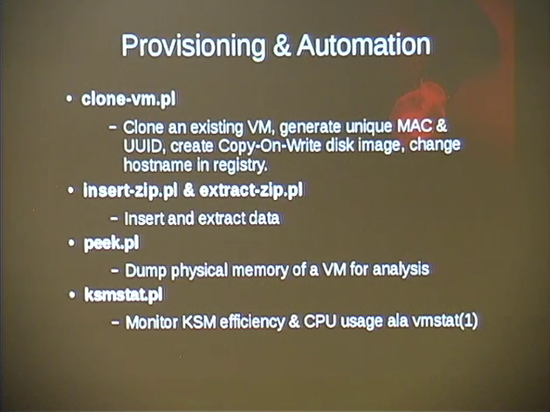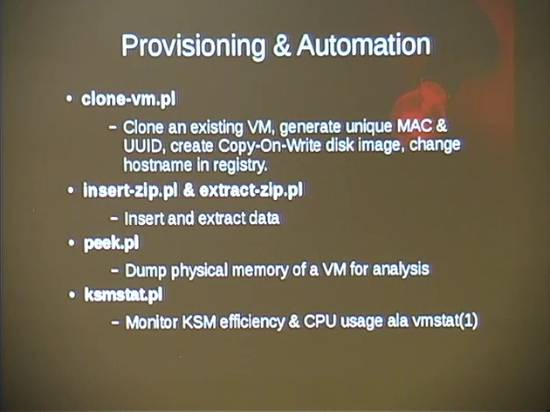So getting all this running, I wrote some Perl scripts that talk to libguestfs and libvirt. I've got clonevm.pl. That's what takes that XML config, downloads it, tweaks it, puts the new config on the system, creates the copy-on-write disk image in RAM, and runs with it. Insert and extract zip, that's for uploading and downloading data from the VM. Peek.pl is what pulls out the virtual machine's physical memory, so I can do analysis with Volatility.